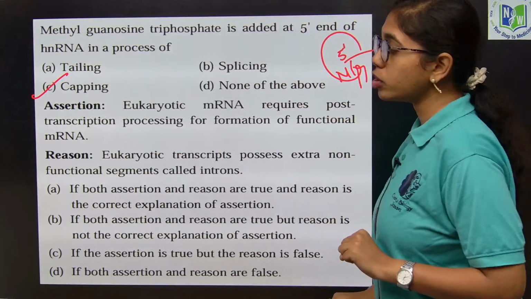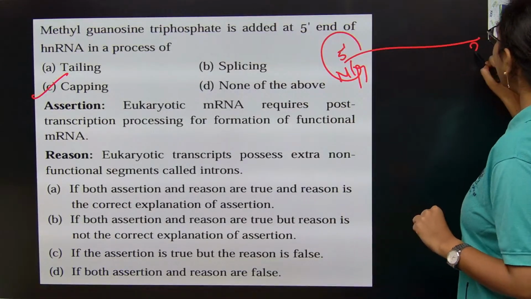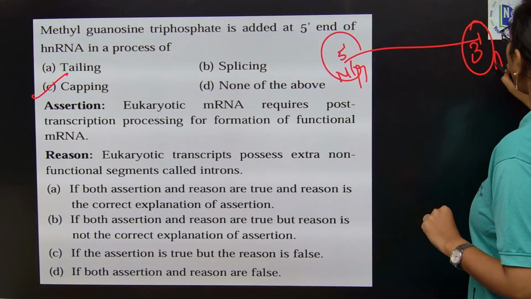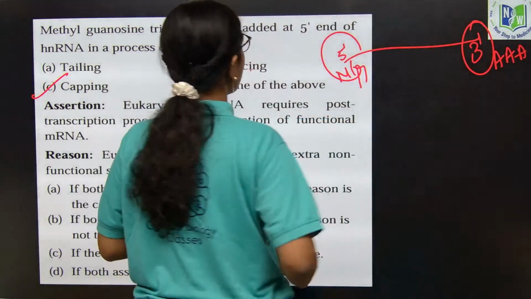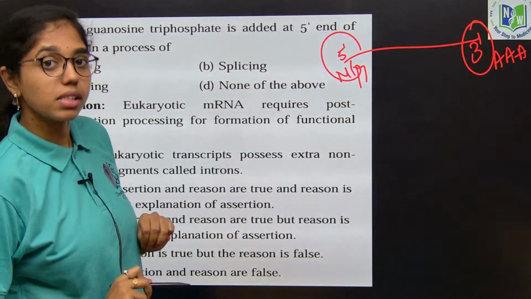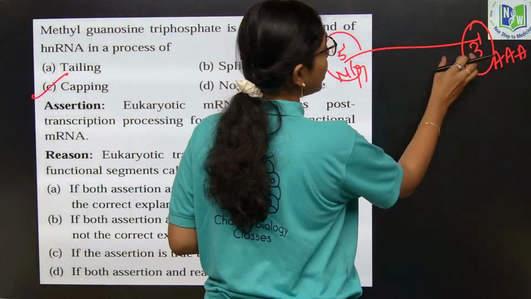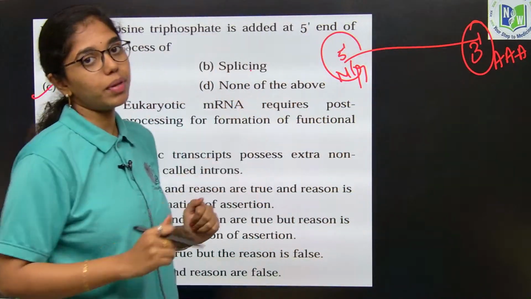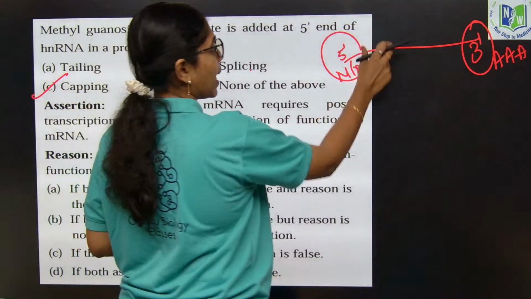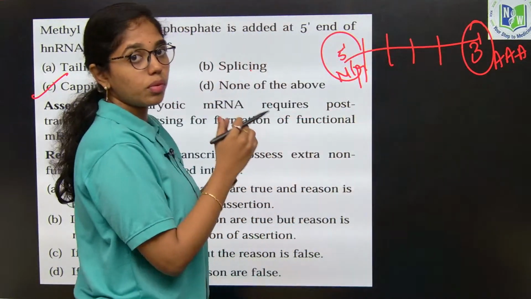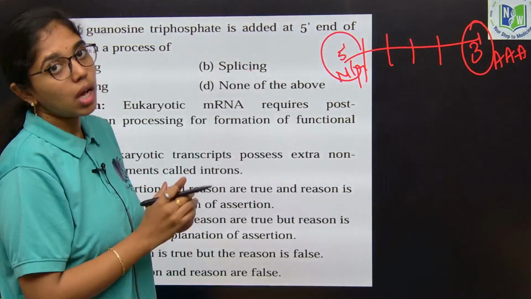Second post-transcriptional event is what? Tailing at 3' end, polyadenylation occurs. And third event is what? Splicing, which is mediated by SNRPs, where introns will be excised and exons will be joined. Introns which are inactive sequences will be excised and exons which are expressed sequences will be joined.